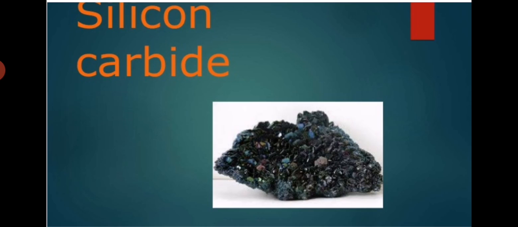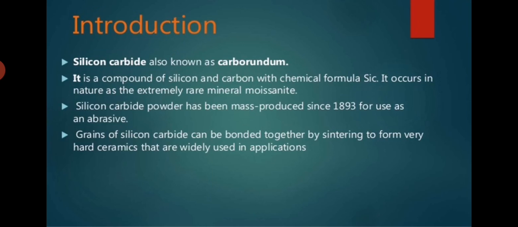Now we are moving to the manufacture and applications of carborundum, another name for silicon carbide. It is a compound of silicon and carbon with the chemical formula SiC, and it occurs in nature as the extremely rare mineral moissanite.